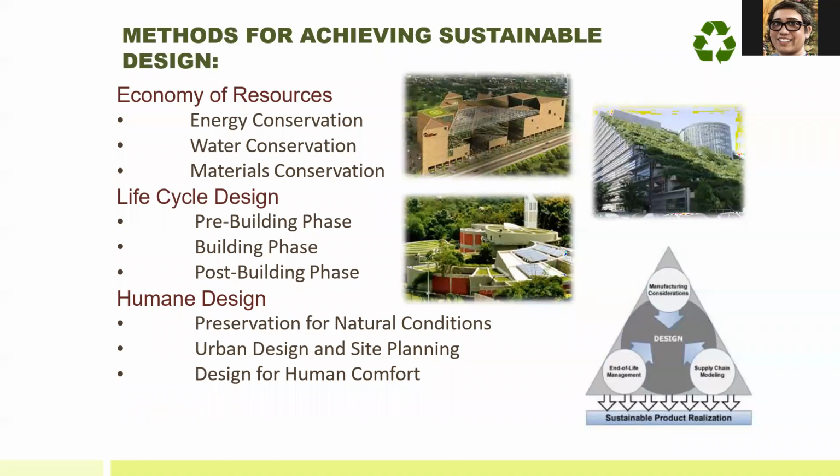So marami kang pwedeng puntahan. You have different goals, no, to be sustainable. Hindi lang yung pagiging green na paggamit ng energy, natural energies. There are other goals, no, like goals for human comfort, di ba? Pwede rin yun maging green.